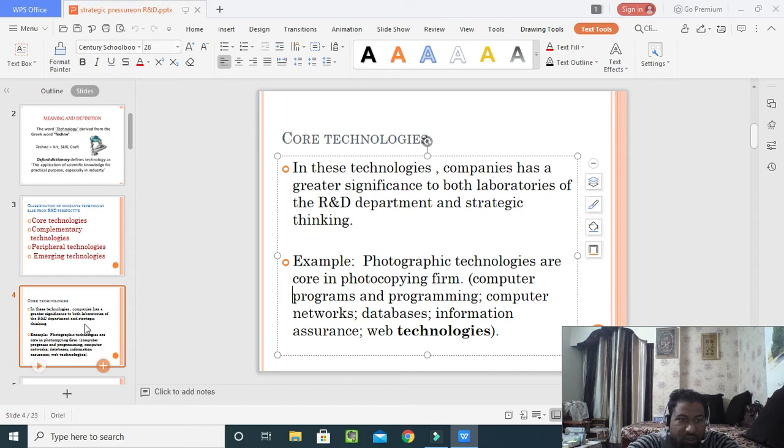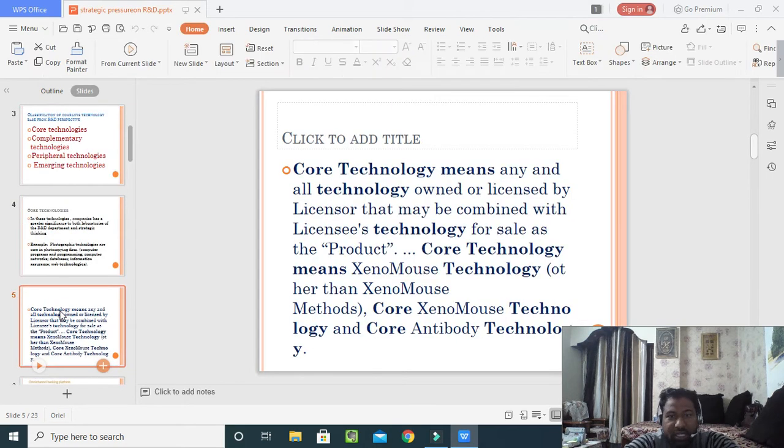Now, coming to our next point, what is the meaning or the work of core technology? Core technology means any and all technology owned or licensed by a licensor that may be combined with the licensee's technology for the sale of the product. It is talking about a licensor and a licensee.